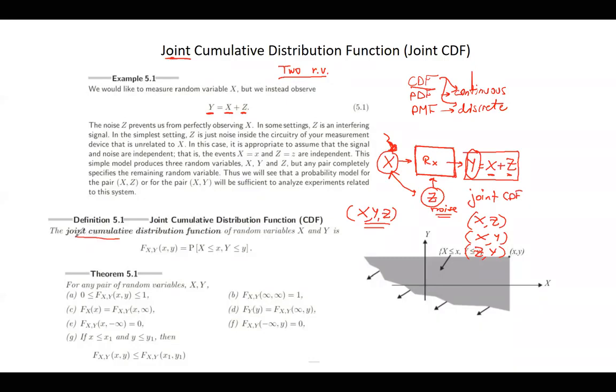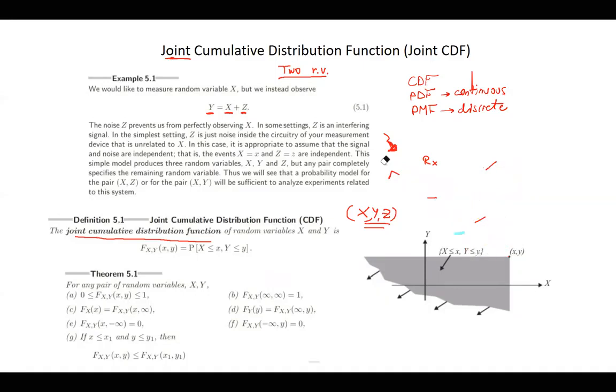Here is the description of joint CDF. The joint CDF of random variables X and Y is written as this, as you see, capital F, X, Y, subscript.